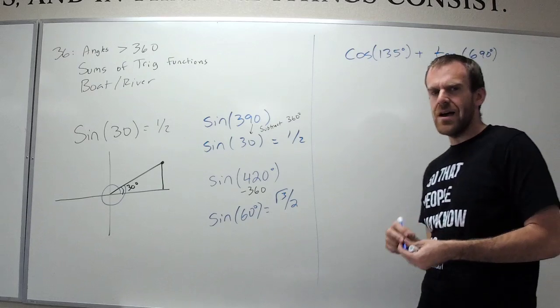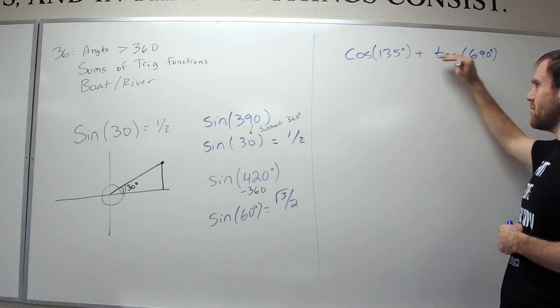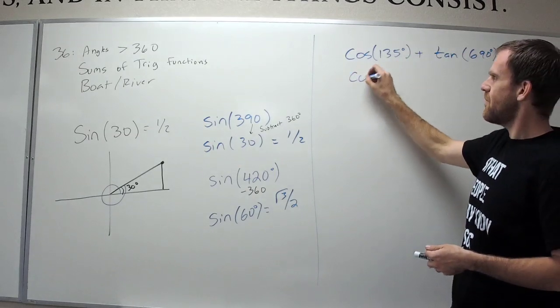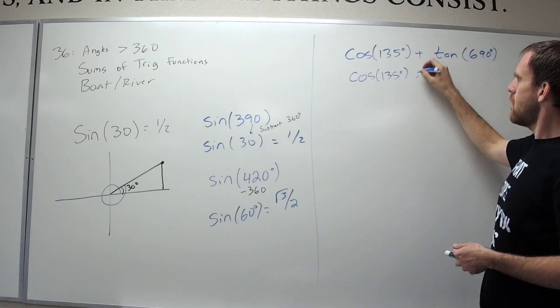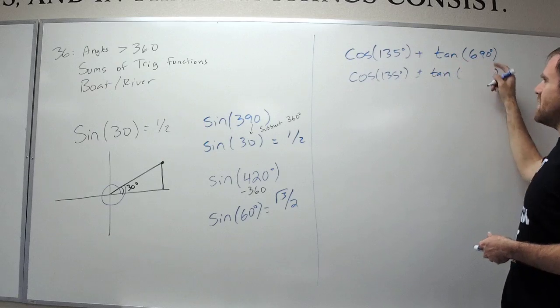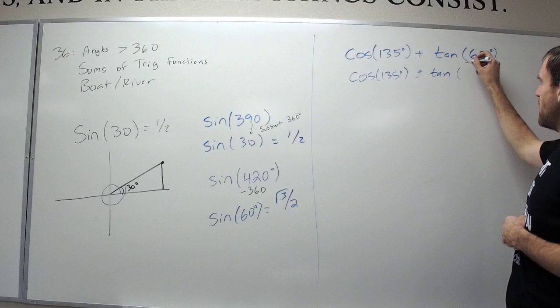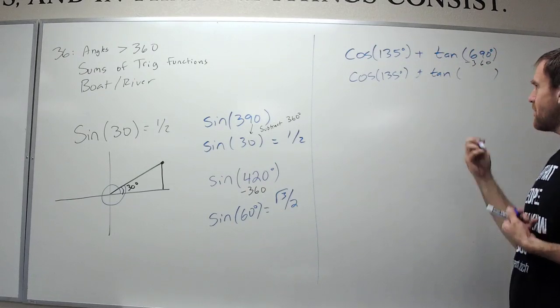All right, our first step is to get rid of any numbers that are greater than 360. 135 is fine, so I'll leave that as is. But 690 is too large. So I'm going to subtract 360 from it in order to get a number that I know how to deal with.